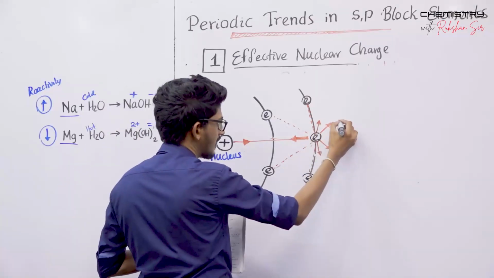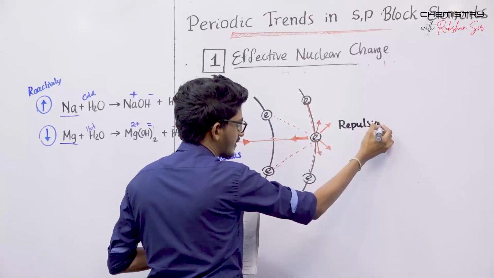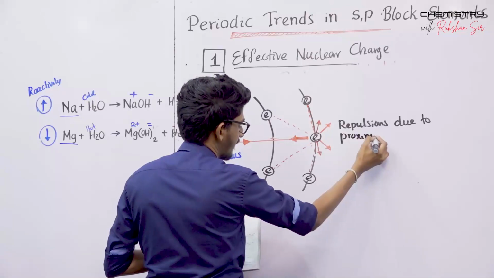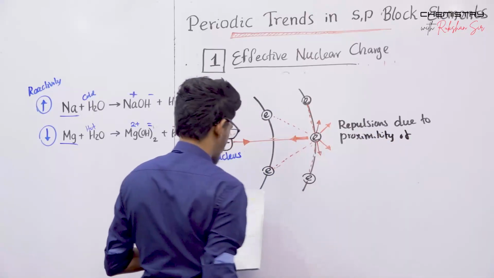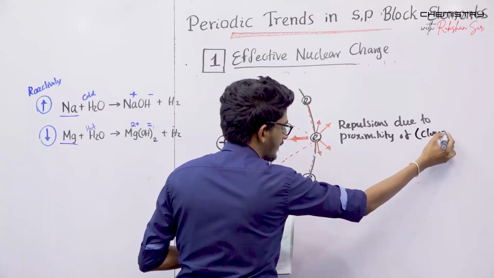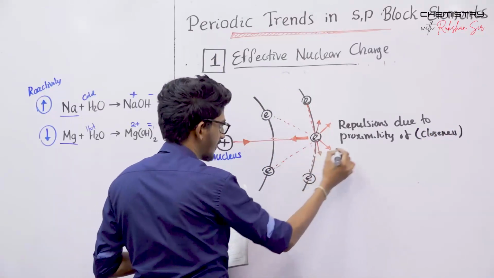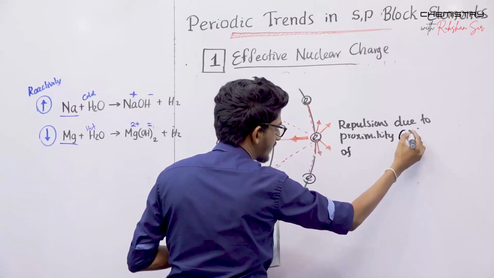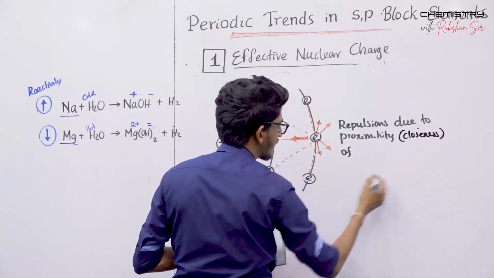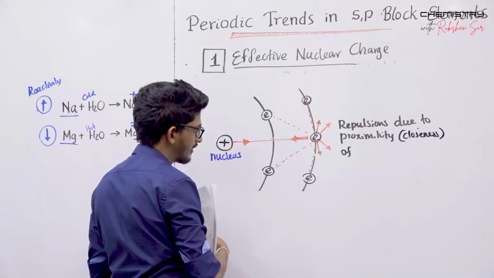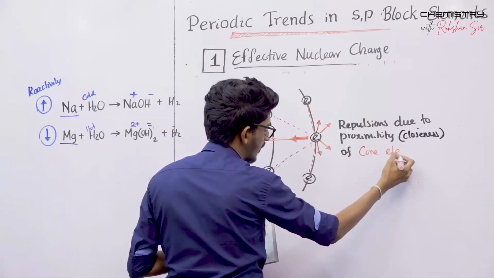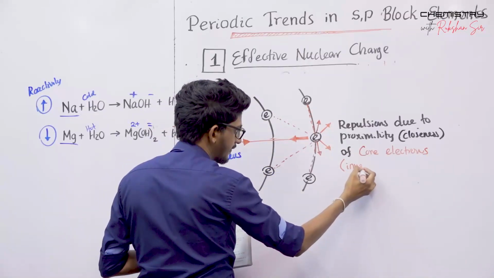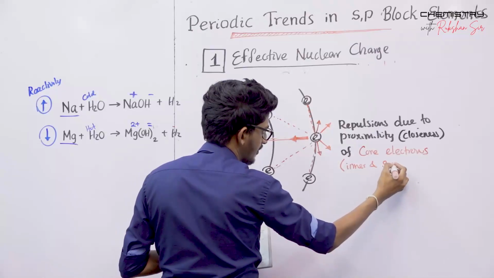So this is the repulsions due to the proximity, or the closeness, of core electrons. Core electrons means the inner and same shell electrons.